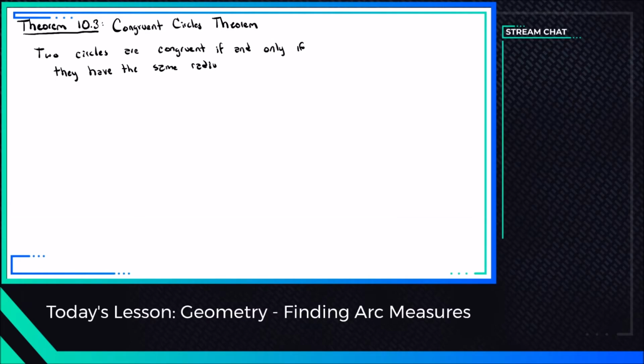Which makes kind of sense. If you draw two circles here and they're both the same size, then you would imagine that their radius on both would be congruent. Pretty straightforward.